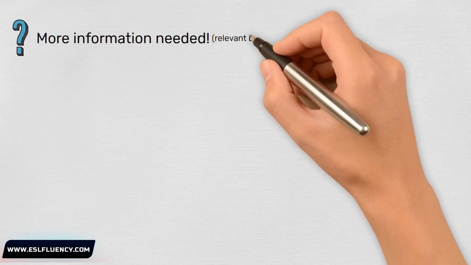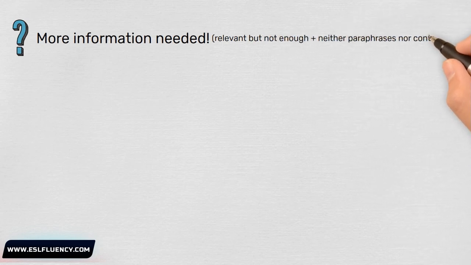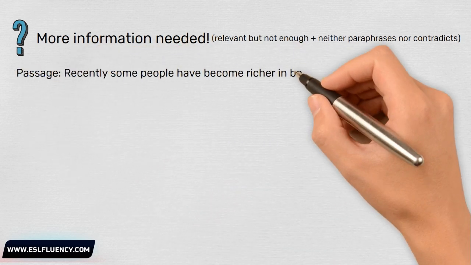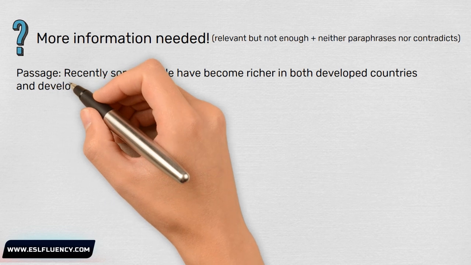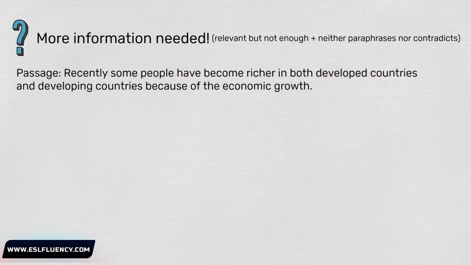Now let's talk about the one that's the trickiest. When the answer is not given, even though it is relevant to the topic discussed, more information is needed. In other words, it doesn't exactly say what the passage is saying, but it's not contradicting it either. For example, recently some people have become richer in both developed and developing countries because of the economic growth.